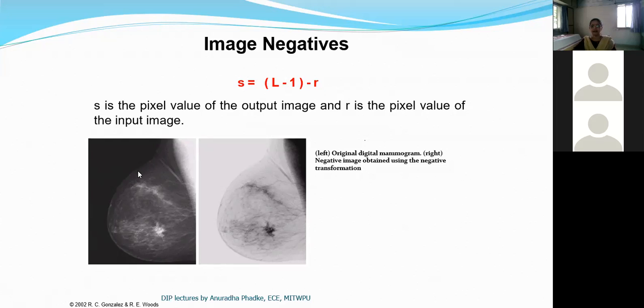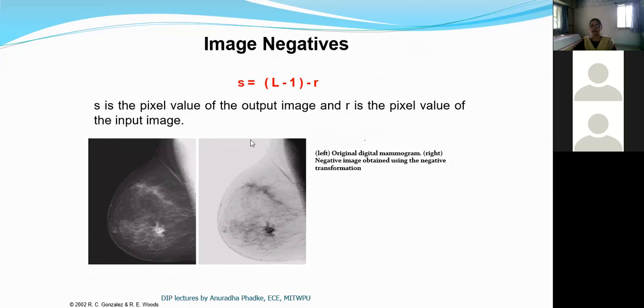Now, if we take the negative of this image, we get this image. So how do we obtain this negative? We start with the very first pixel. We subtract that pixel value from 255. This first pixel value is very dark, say this level is 10. So 255 minus 10 results in a very bright shade, which is 245.